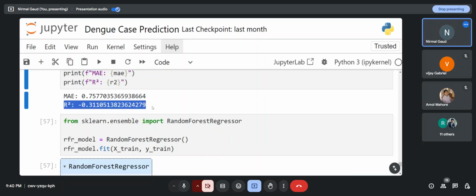R2 is negative. R2 negative means features are not helping in finding the variance. R2 negative means this only. Features are not contributing to find the value of Y predicted.